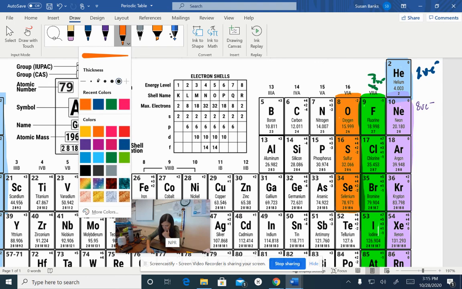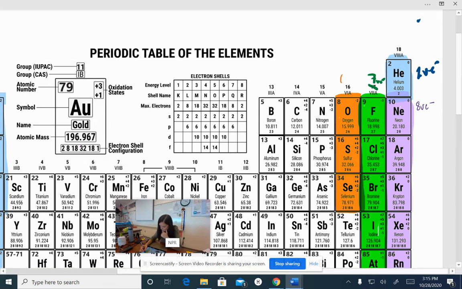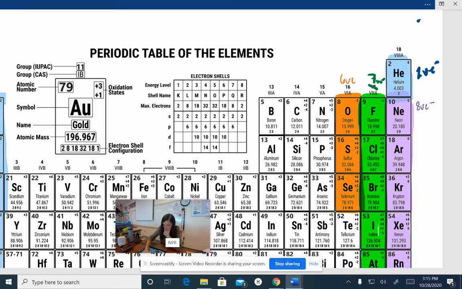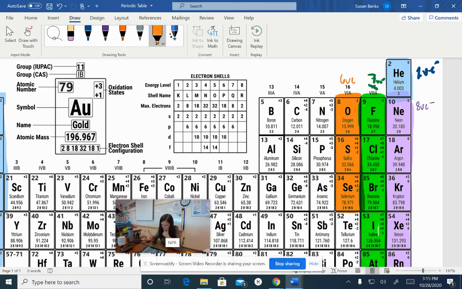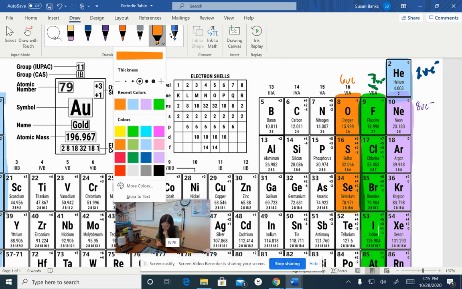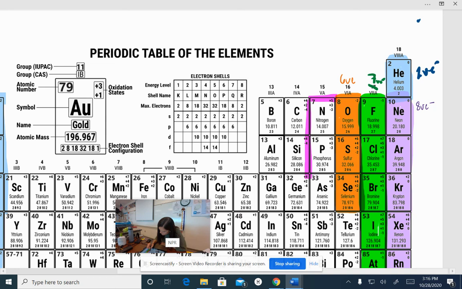6 valence electrons here. And then let's choose yet another color. Let's do magenta. How about nitrogen and phosphorus?